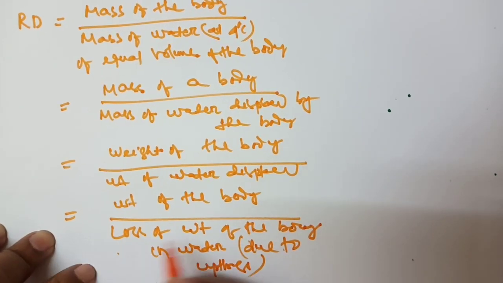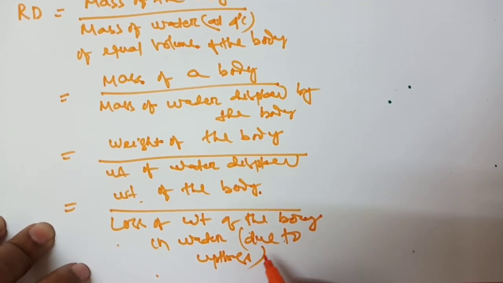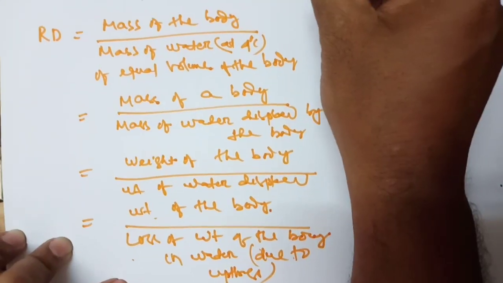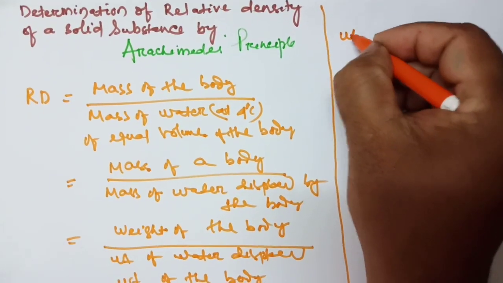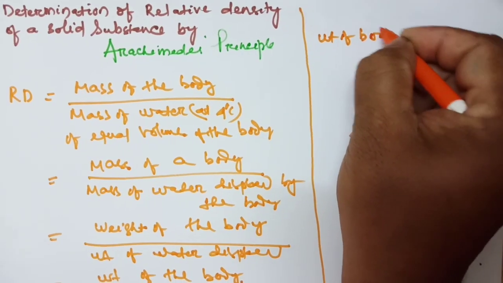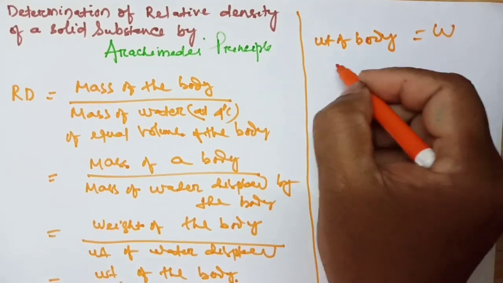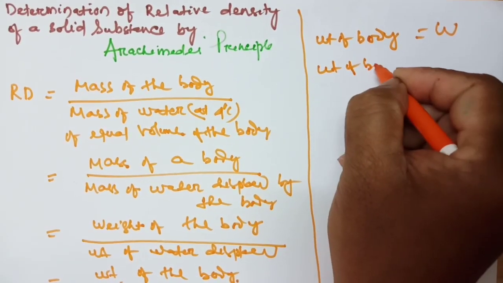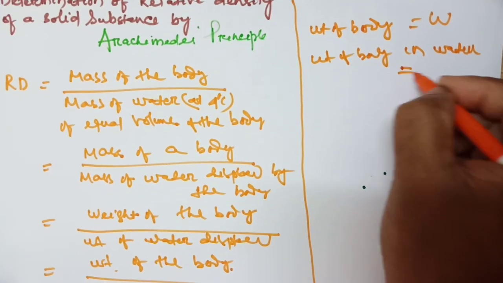Okay, so what is the formula? Weight of the body by loss of weight of the body in water due to upthrust. Suppose weight of body is equal to W, and weight of body in water is equal to W1.